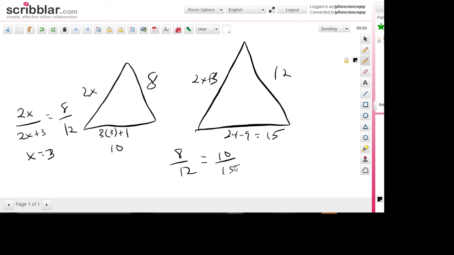Over 15, because that's from the big triangle. Now, in your calculator, all you have to do is cross multiply and see if you get the same number. So that's 120. And you know the other one is 120, right? So that's a way that you can quickly check to see if your answer is actually right. Does that make sense?